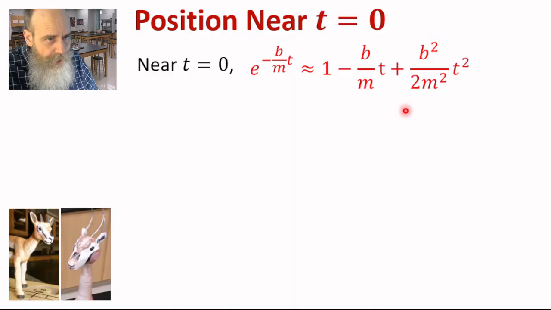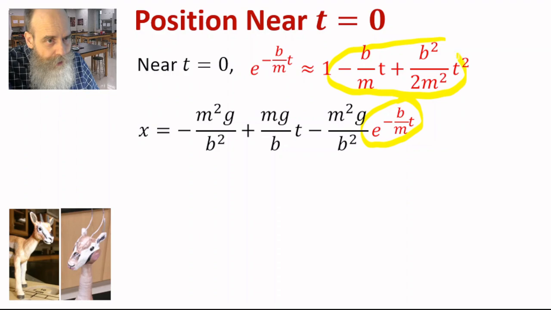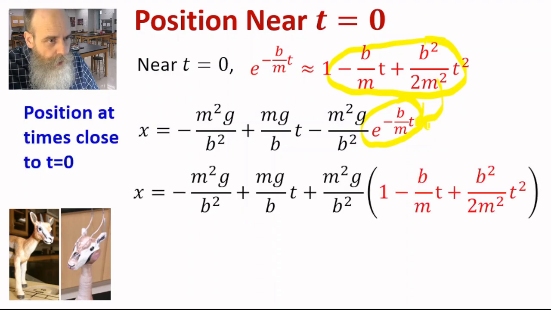So there's our expansion. This is x. Now we're going to replace e to the negative b over m t in red with this expansion. Make that replacement. And this is what we get. Now certain things are going to cancel out here.